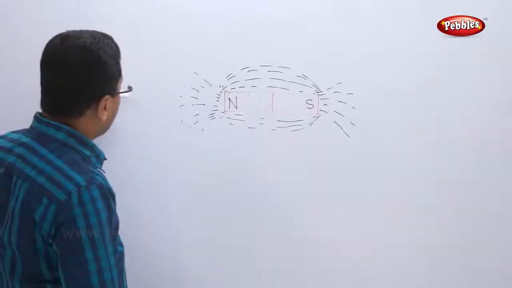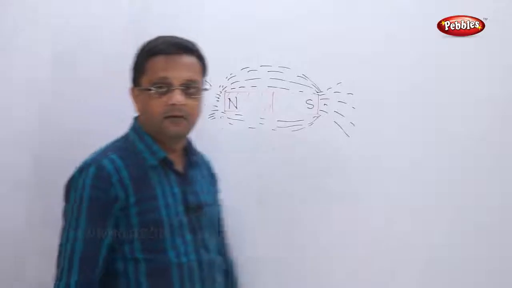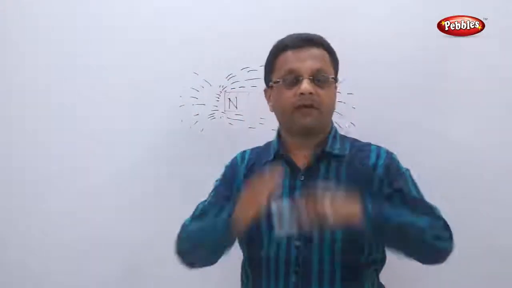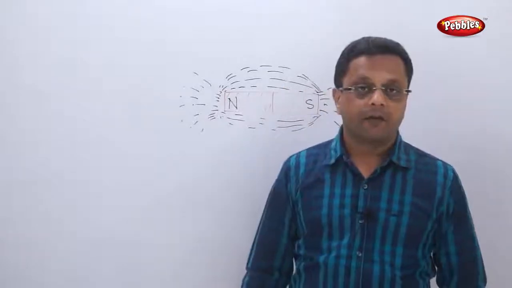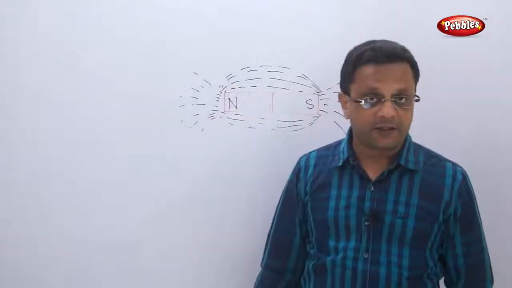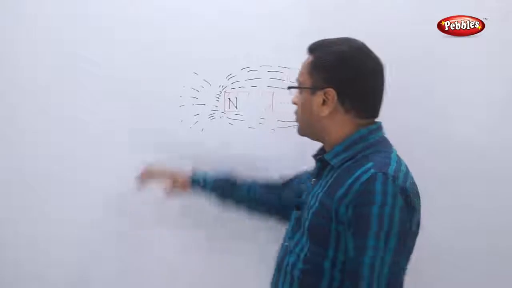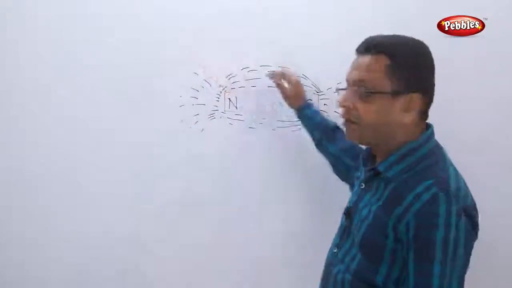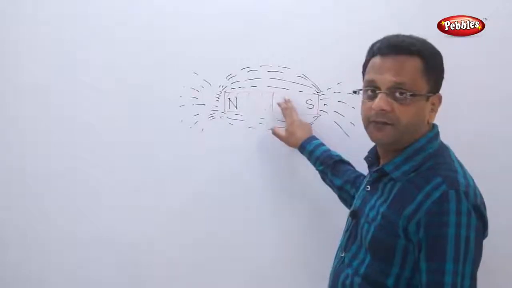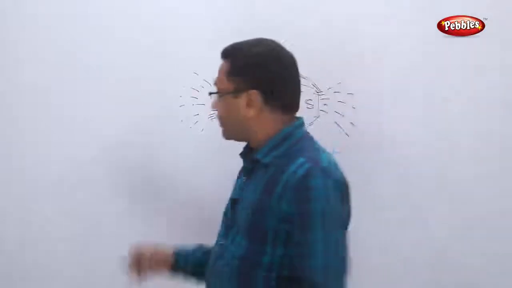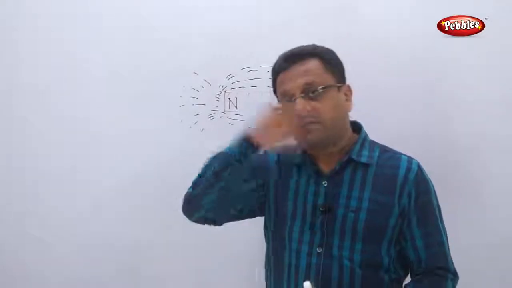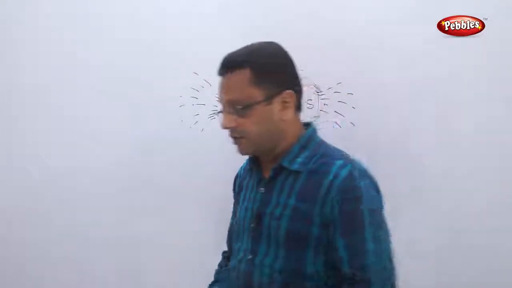But as soon as it enters the magnetic field of that magnet, it will get attracted towards the magnet. So this is called the magnetic field of this magnet. Now this magnetic field is permanent. Now how these lines go, that we will see.